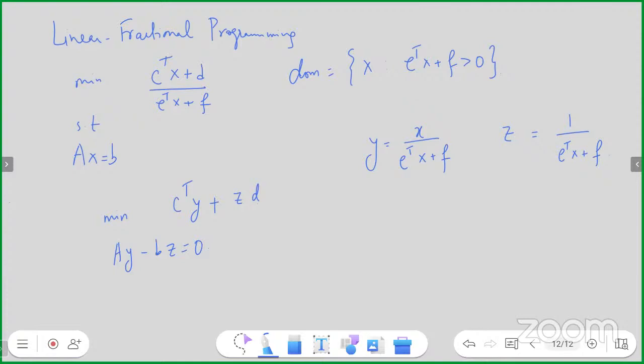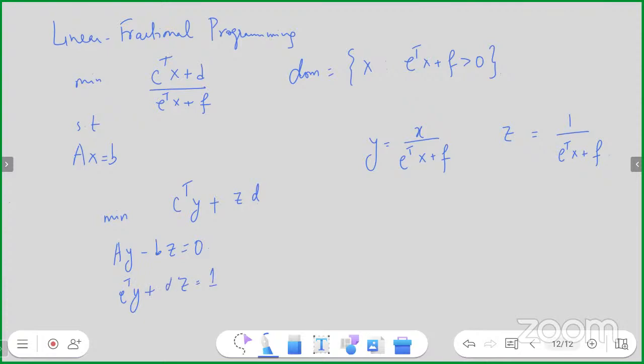Do I need to throw in an additional constraint? This is also true. e transpose y plus f times z is 1.